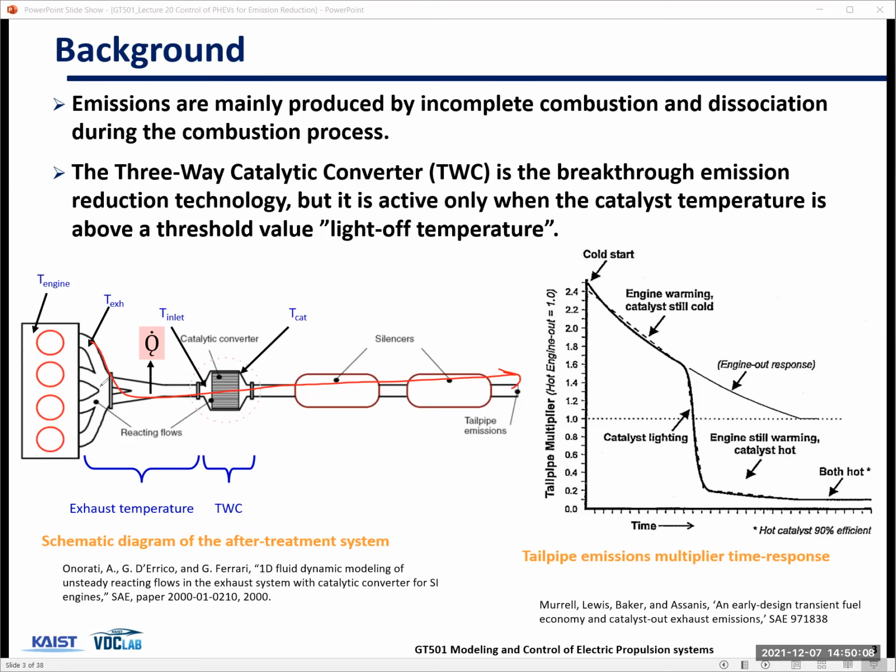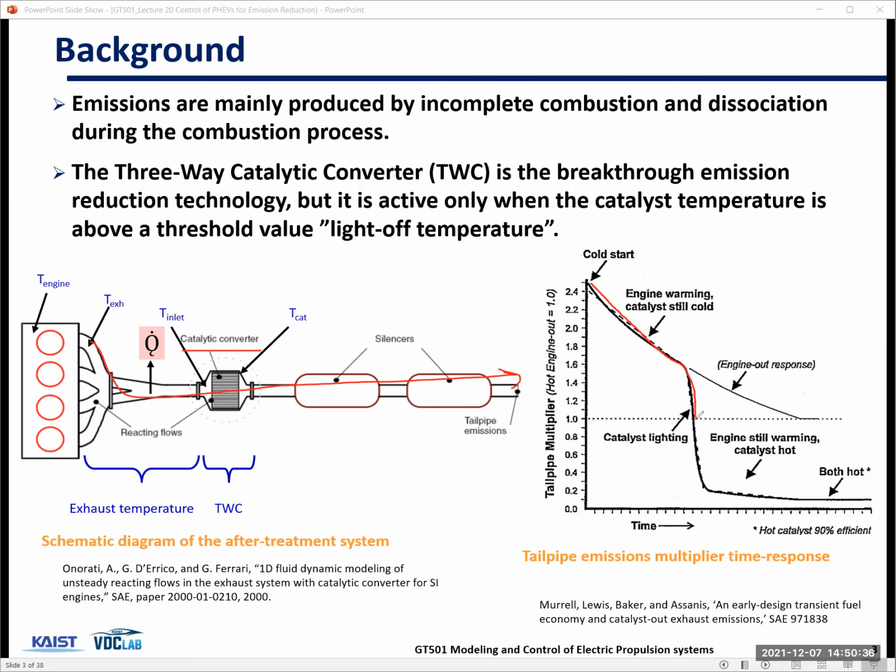And as the engine starts to warm up, this engine out emission slowly decreases. And then all of a sudden, this converter is now activated, meaning that it starts to convert harmful emissions into safe emissions.